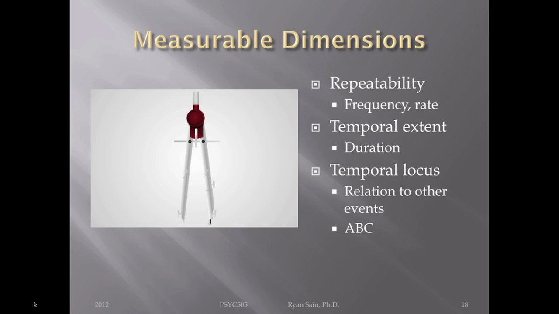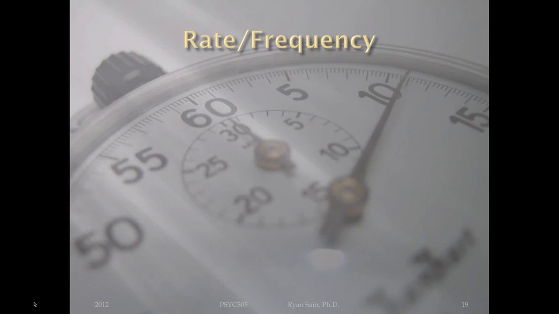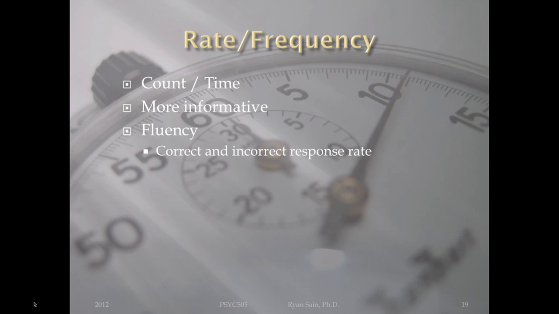So let's look at some more things here. Rate versus rate and frequency. Count divided by time is rate. So count, or frequency, divided by time gives us a rate. It's more informative than just frequency alone, than just a count alone. It gives us a rate of responding. In other words, it gives us fluency, correct and incorrect response rate, so we can look at both.